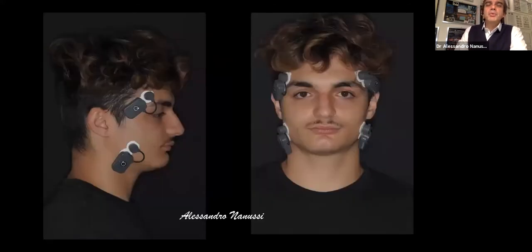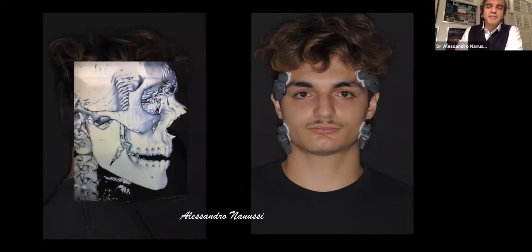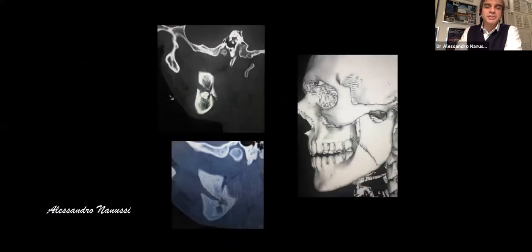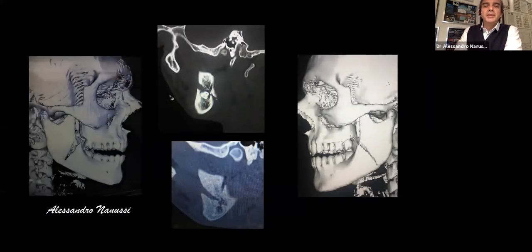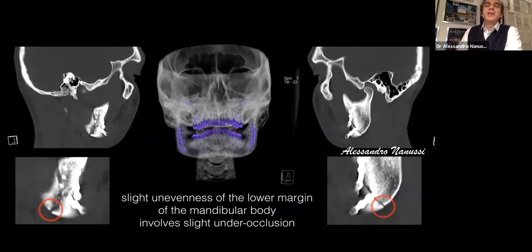Well, mandibular trauma. This guy is an athlete who has a big anterior mandibular trauma. You can see here the effect of the trauma, and the maxillofacial surgeons have created a new therapy for him, but we have a little problem because we have a slight unevenness of the lower margin of the mandibular body.